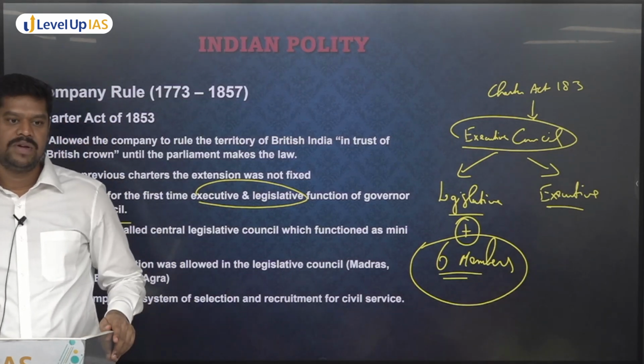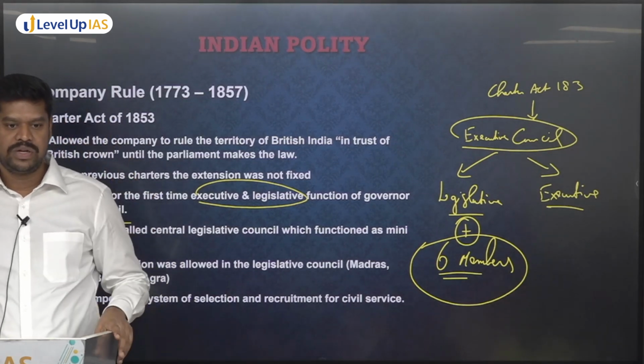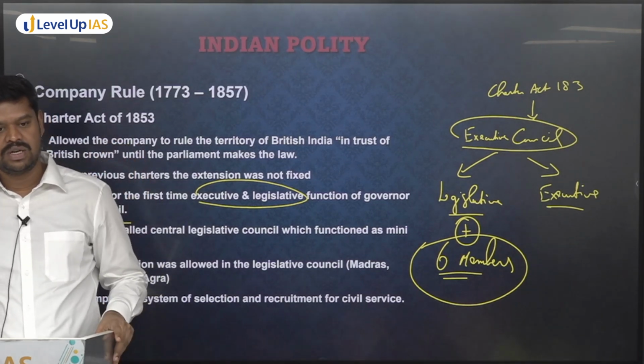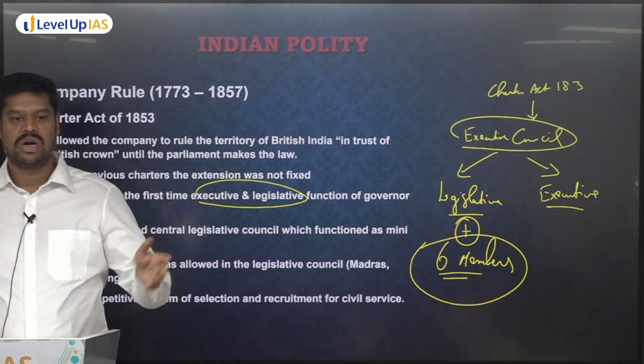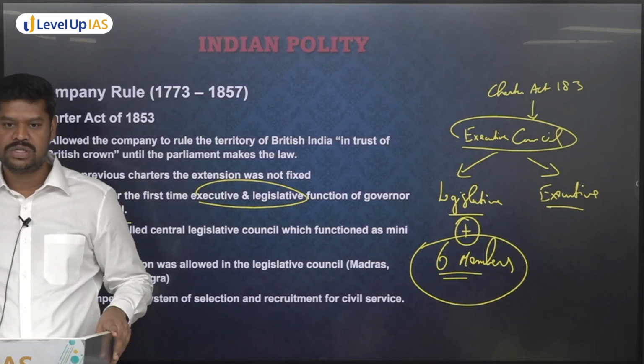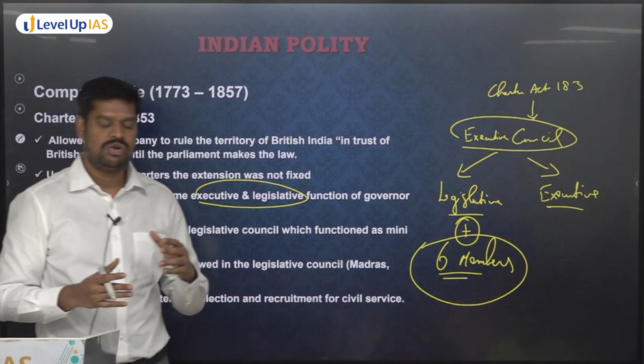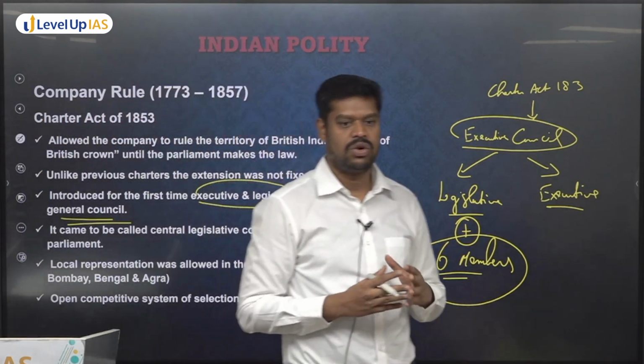So over a period of time, they were making the legislative body more deliberative in nature. They were allowed to ask questions. They were allowed to discuss the budget. They were allowed to ask cross questions. They were allowed to bring in motions. So gradually, and there was some element of reform in the executive council also, but largely the reforms were in the legislative councils.